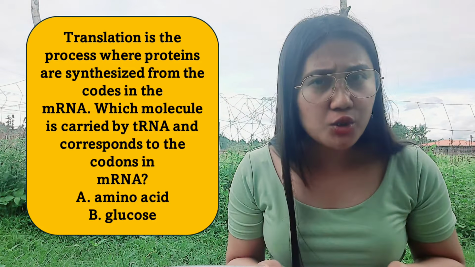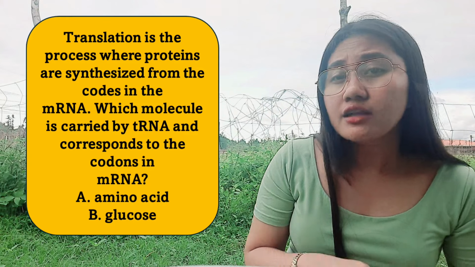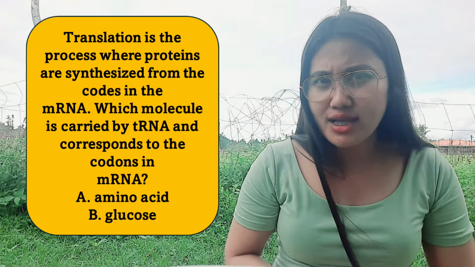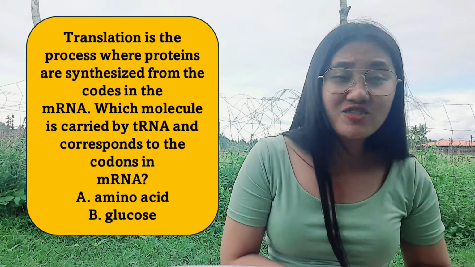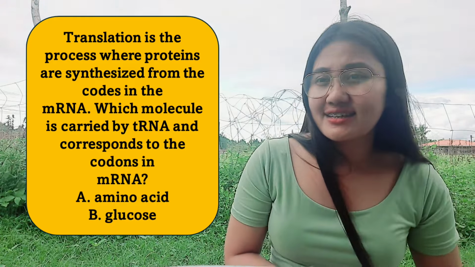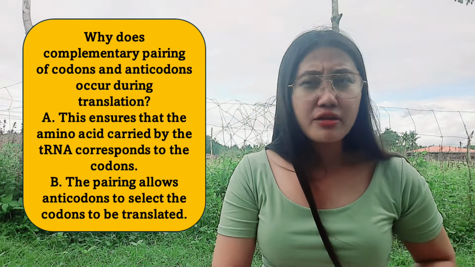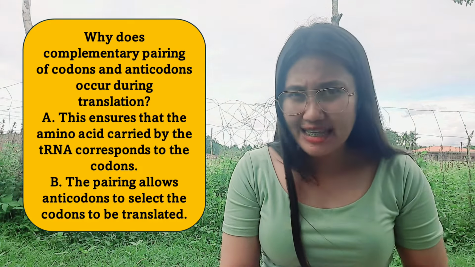Next question. Translation is the process where proteins are synthesized from the codes in the mRNA. So which molecule is carried by the tRNA and corresponds to the codons in mRNA? Is it amino acids or the glucose? The correct answer is, of course, the amino acid. Another question. So, why does complementary pairing of codons and anticodons occur during translation?